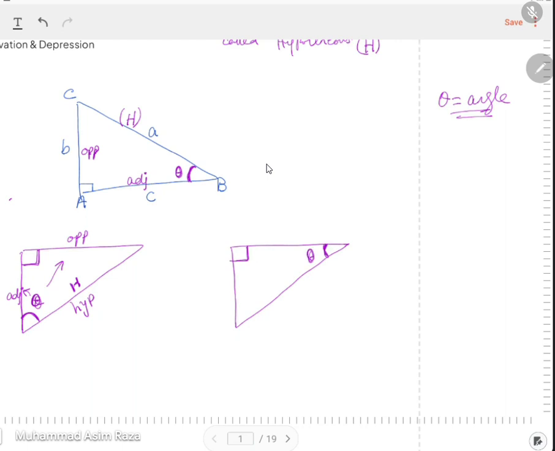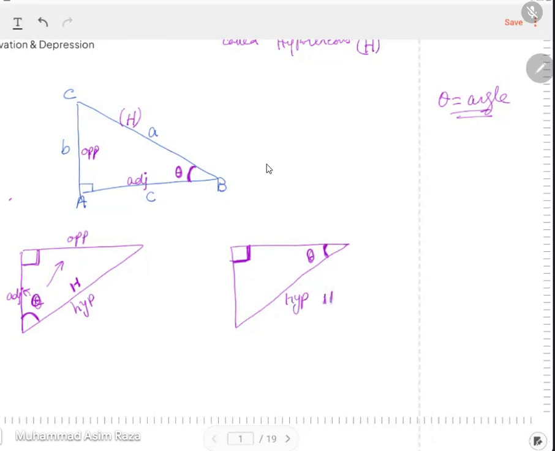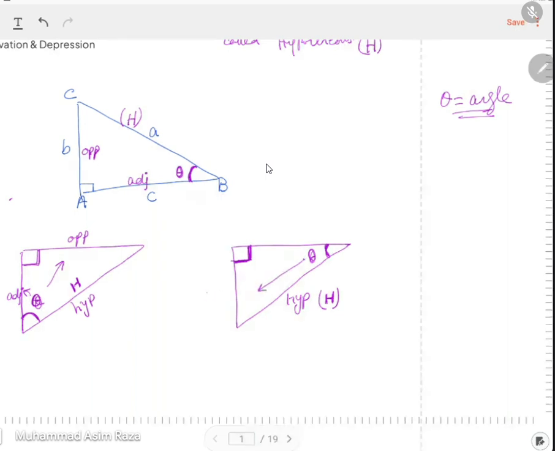Now the side which is opposite to 90 degrees, this is the symbol of 90 degrees, is called hypotenuse. There is no change in it. It will be H. But now the side which is opposite to theta is this one. So therefore this side will become the opposite side, and the other side will be called the adjacent side.